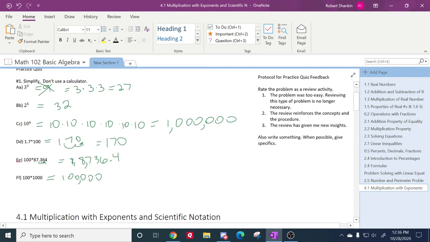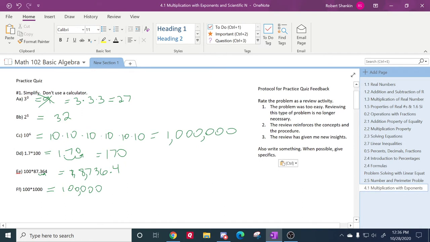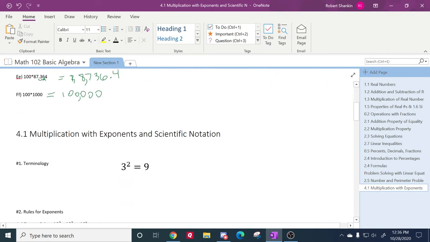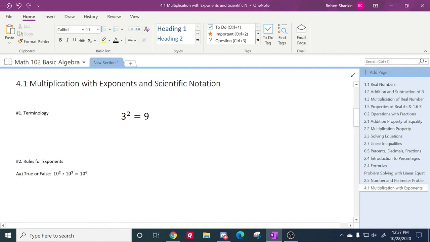That's it for the practice quiz, because we're so short on time today that we're going to go right into multiplication with exponents and scientific notation, and terminology. This number here is called the base.